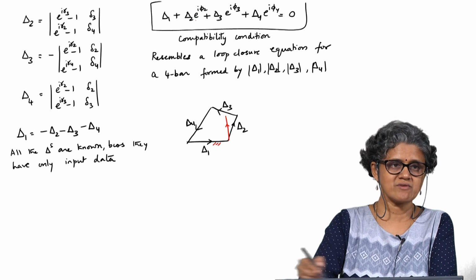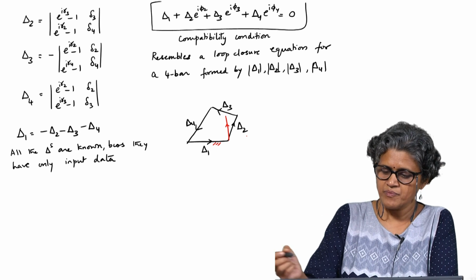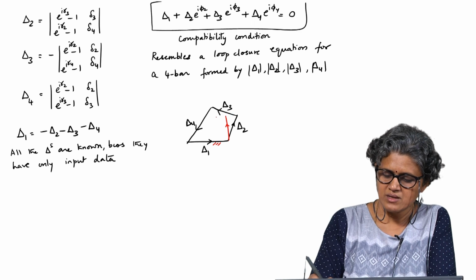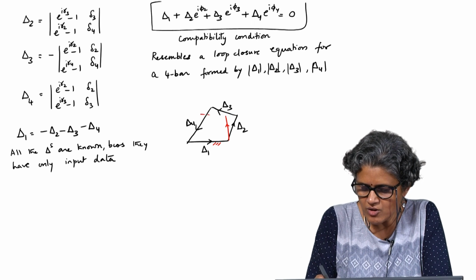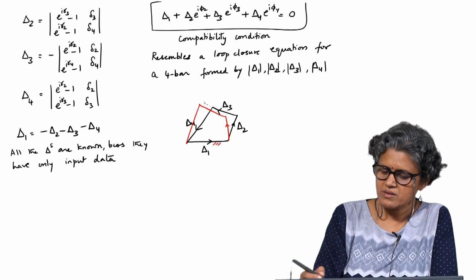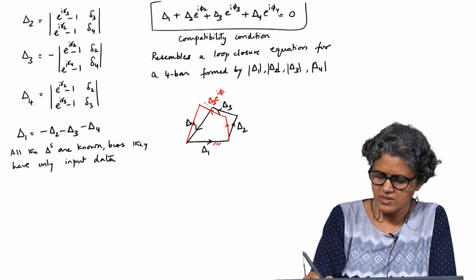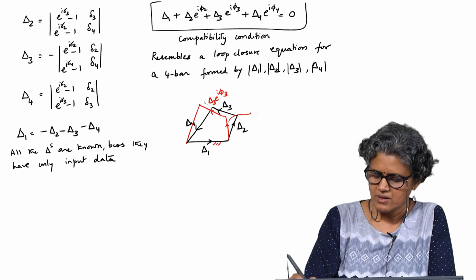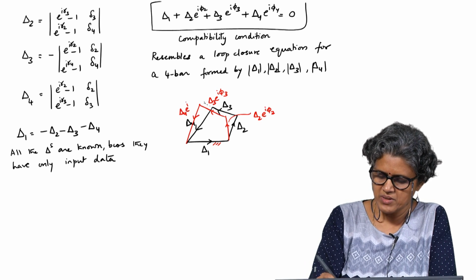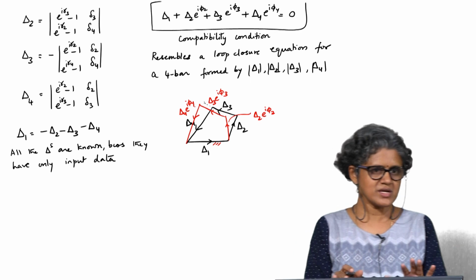You see there is no phi 1, there is no angle associated with that, I can think of that as a constant, and then this would be delta 3 e power I phi 3, this would be delta 2 e power I phi 2 and this would be delta 4 e power I phi 4, where the angle is from the origin. Okay. So, I can think of it in this way.